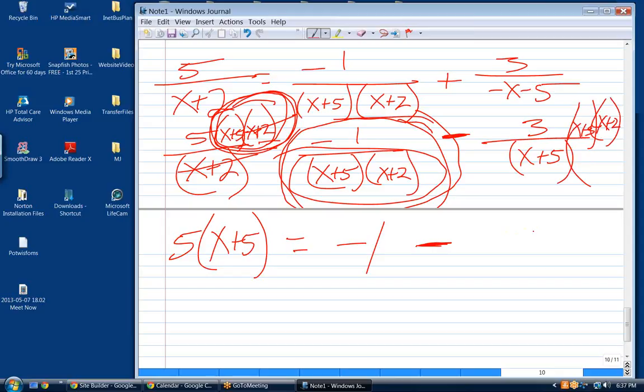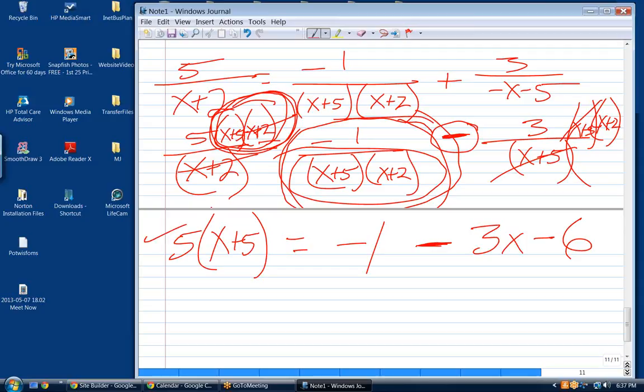So what does this last term become? 3 times x plus 2? Yeah, which is 3x plus 6, but this negative sign has to be applied to that whole thing, so it actually becomes minus 6.